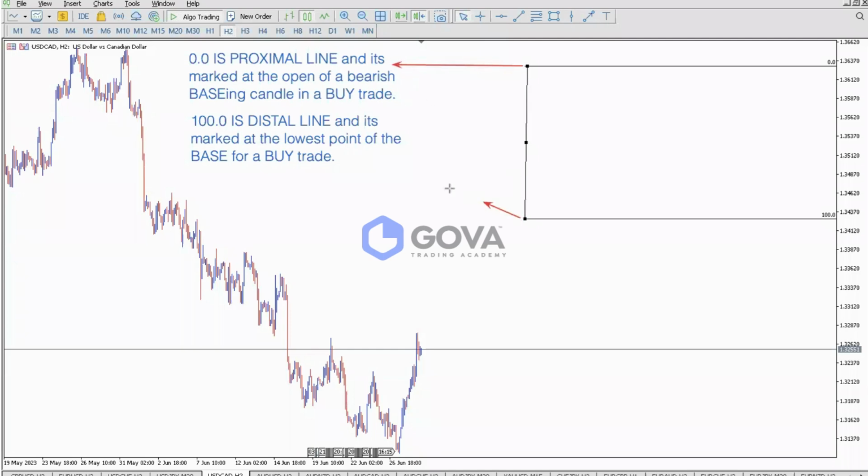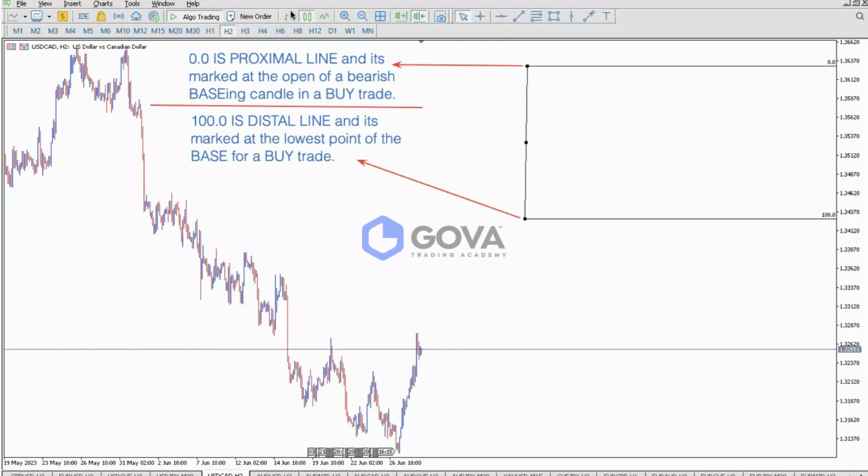The 100.0 line is the distal line, all right? So I believe this is clear now. This is a buy trade example.